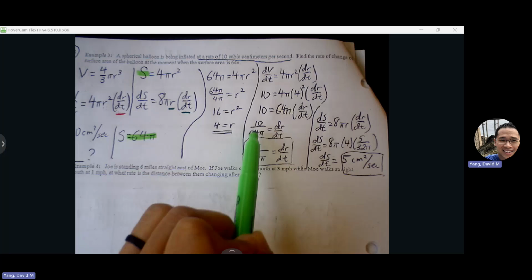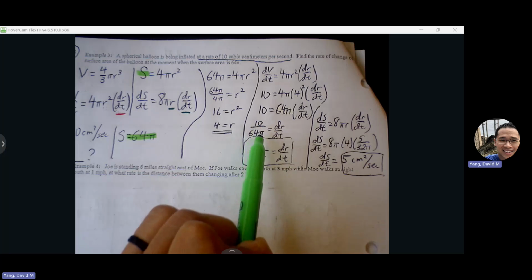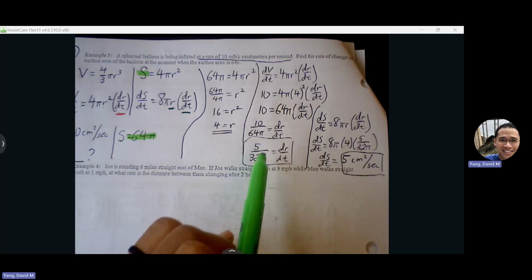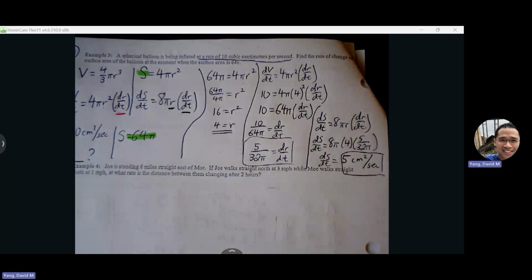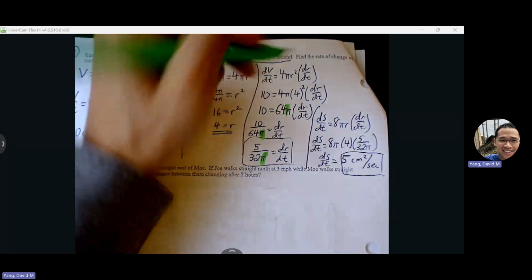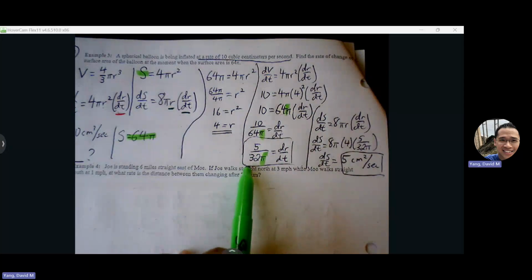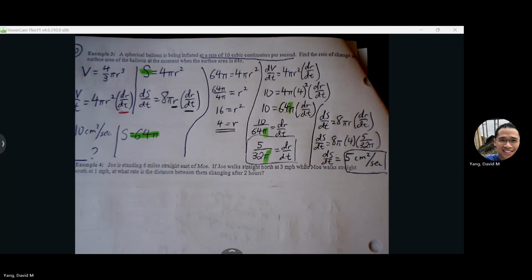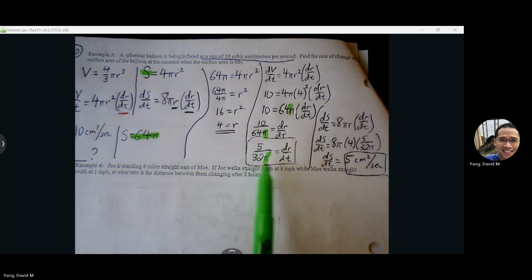But I see some students, they see that 10 over 64 pi and they assume that the pi is the same if they just brought it up. So they bring it up to the top, make it 5 pi over 32, but then that's a different value. So just be aware that if algebraically the pi ends up in the denominator, it needs to stay in the denominator. Otherwise, you're changing the value of your fraction.